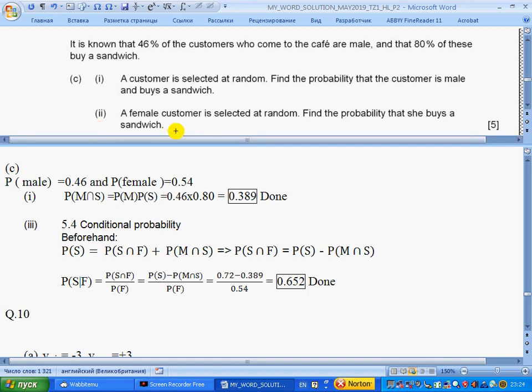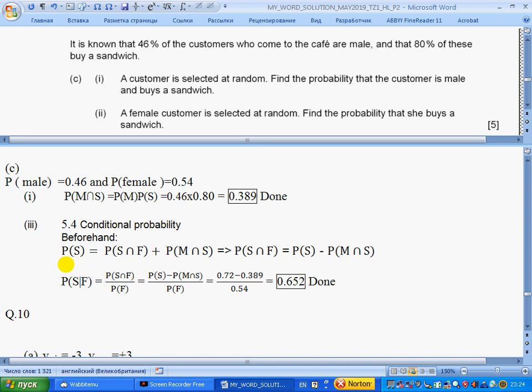Double I, a female customer is selected at random. Find the probability that she buys a sandwich. So we should find conditional probability using this formula from the booklet, but we need an expression for the probability of sandwich bought by female.